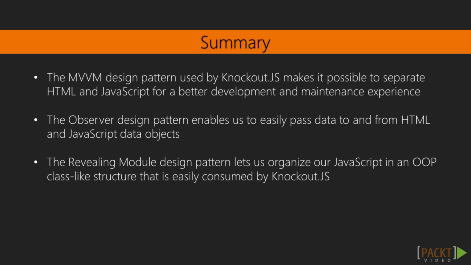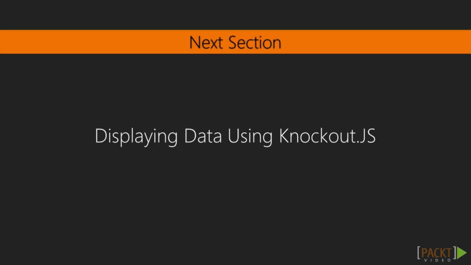We also learned about the observer design pattern and how it helps our views and view models communicate and stay synchronized. And lastly, we learned about the JavaScript module and revealing module patterns and how we can mimic class-like structures and better organize our JavaScript code. In the next section, we'll start building the sample project and use Knockout.JS to display our data.